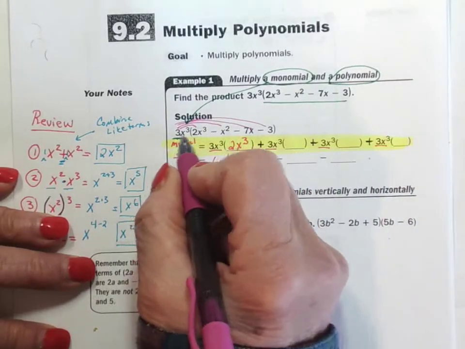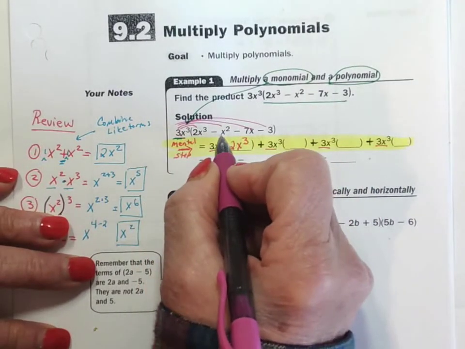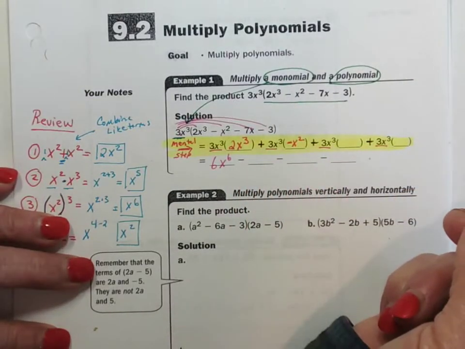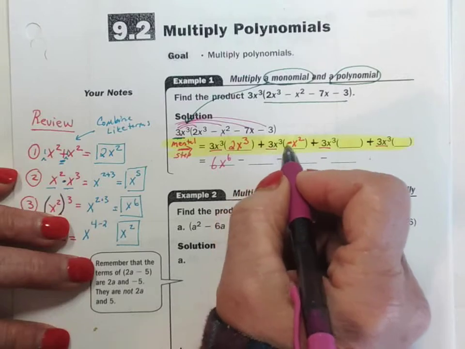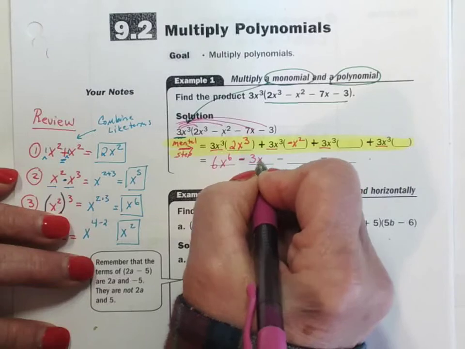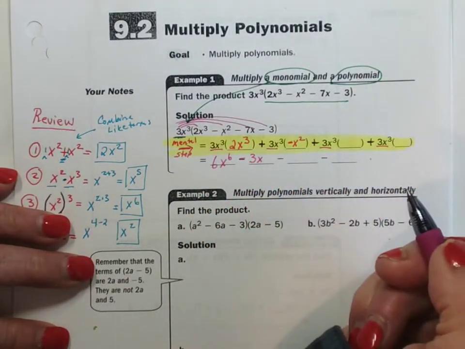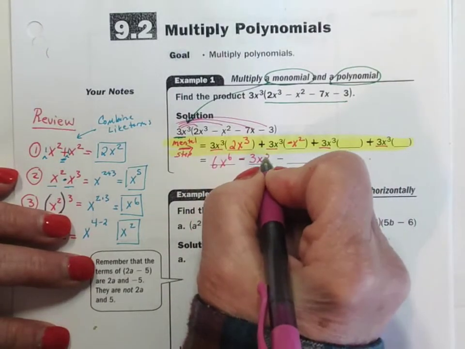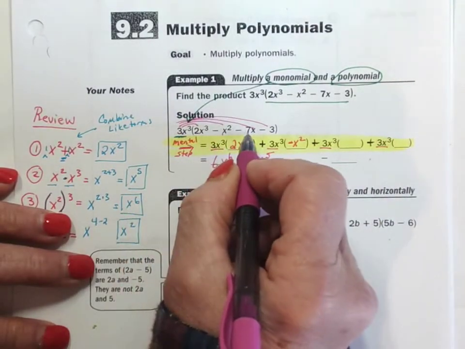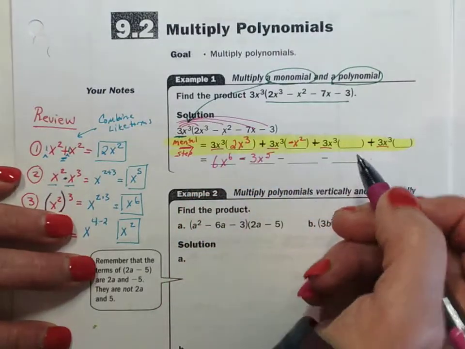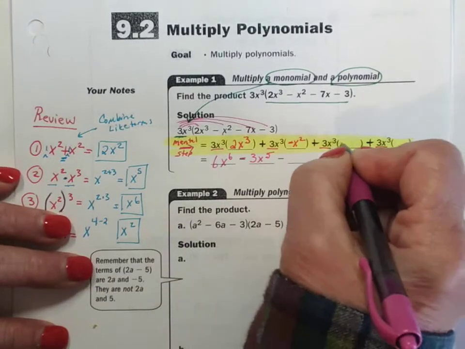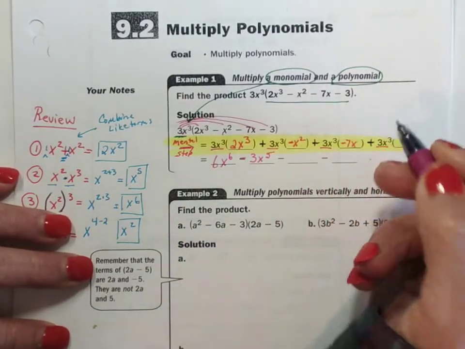Then we're going to take 3x cubed. We're going to multiply it by negative x squared. So we have negative times 3 gives us negative 3x, same base, add the exponents, to the 5th. Now we're going to multiply the 3x cubed times the negative 7x. Okay, so we're going to get 3x cubed times negative 7x.